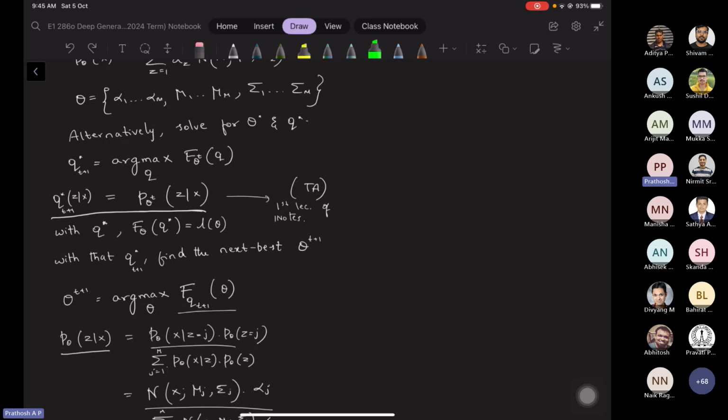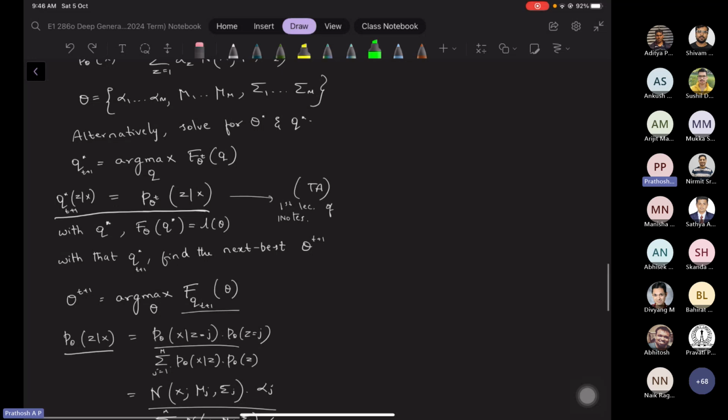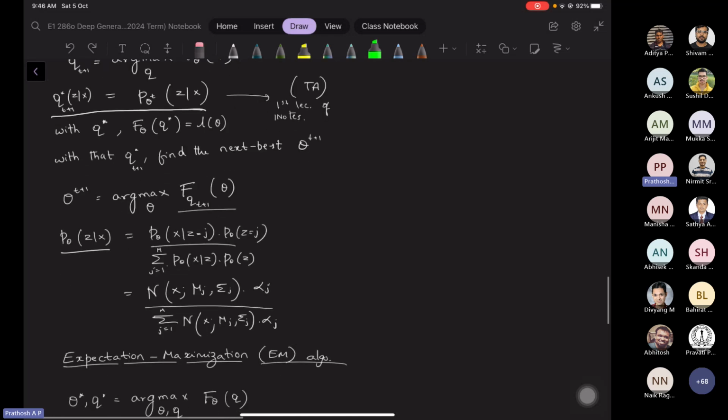If you know how to compute p theta of z given x, then it is done. Because what we can do is this alternating optimization where you start with a random theta and set q equal to p theta of z given x. And then with that q, you find the next best theta and keep alternating between them.